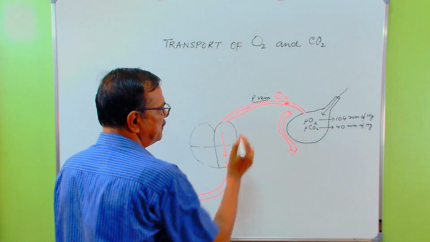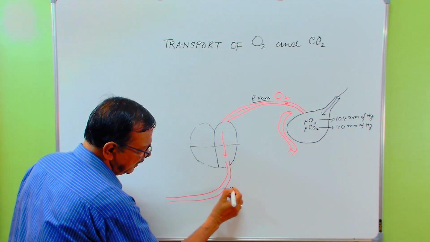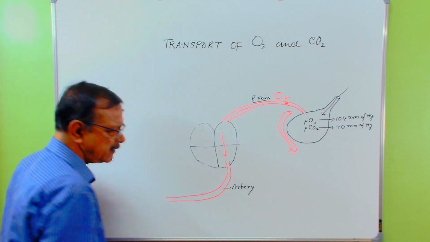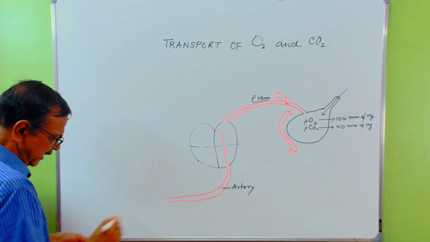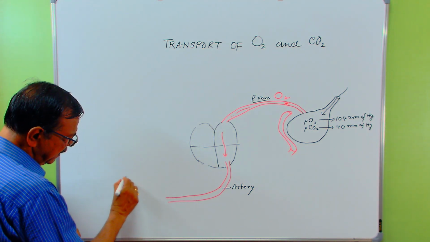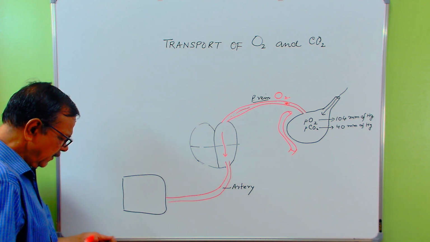These are all artery. This artery forms a network over the each and every cell of the tissue. This much we know.